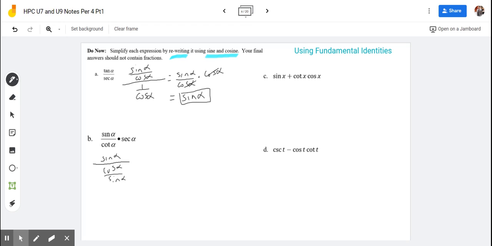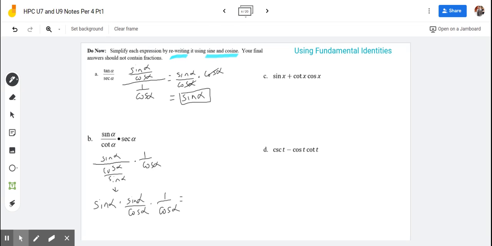And then times secant is 1 over cos. So we just rewrote everything in terms of sine and cosine. All right. So sine divided by cos over sine, we can rewrite it as sine alpha times sine alpha over cos, and then times 1 over cos alpha.